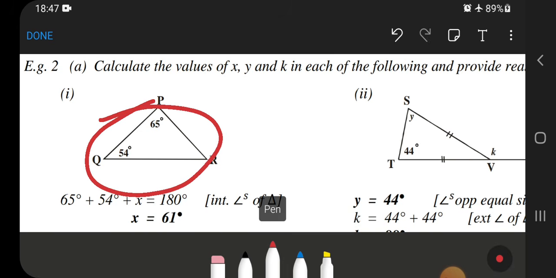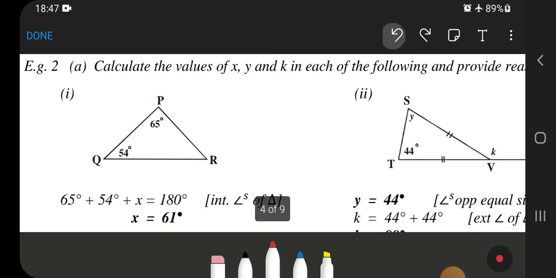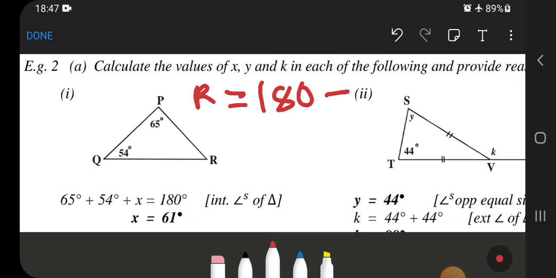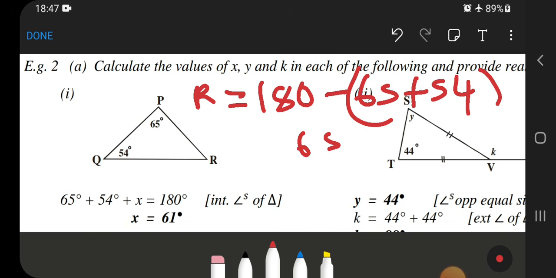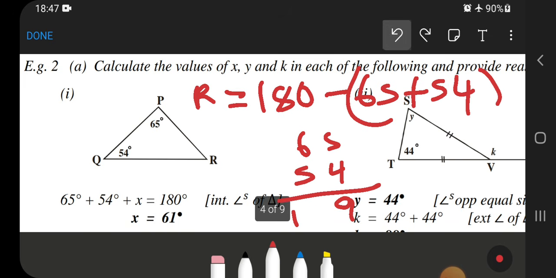So here we have to calculate that one. So we'll say angle R equals 180 minus 65 plus 54. So let's do 65 plus 54. 5 plus 4, that is 9. 6 plus 5 is 11, so that is 119.